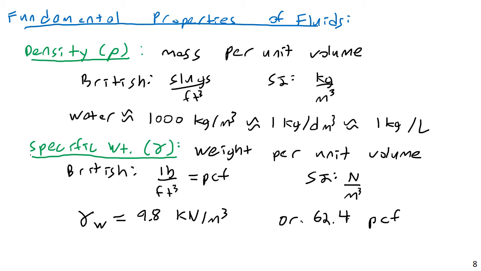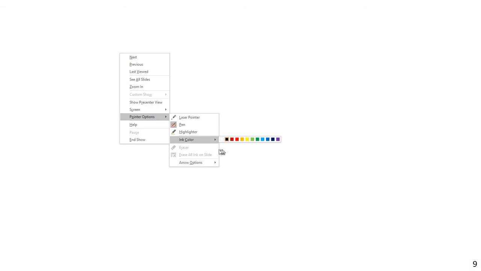I would encourage you to memorize this, and this, or maybe at least this and this, that the specific weight of water is 62.4 pounds per cubic foot. And of course, recall that gamma is equal to rho times g. The specific weight of a fluid is equal to its density times the acceleration due to gravity. And finally, let me introduce a third property, specific gravity.